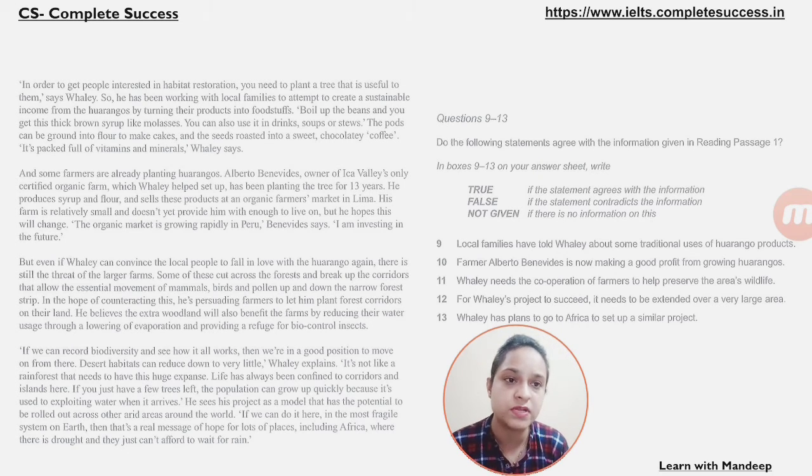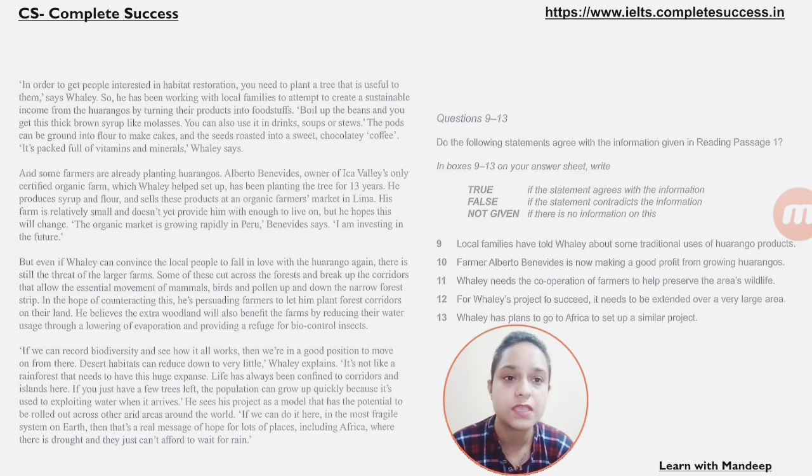So Valley is just telling them, so the answer will be not given. And as we get the answer in the later part of the paragraph, most probably we will get the answers of the others in the later part of the paragraphs, that is the last half. I have told you they follow a sequence.